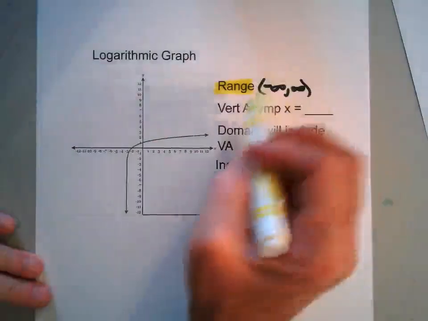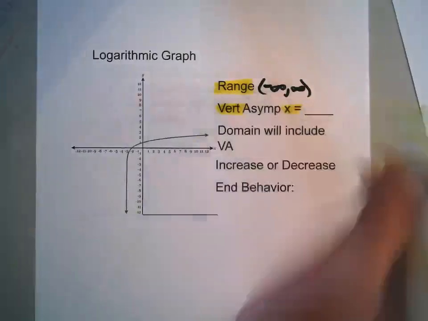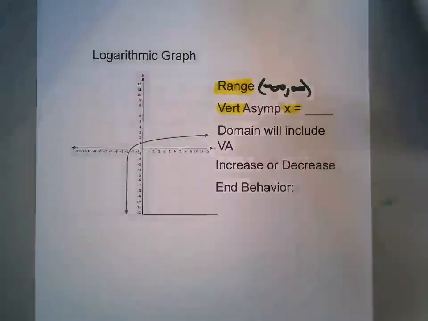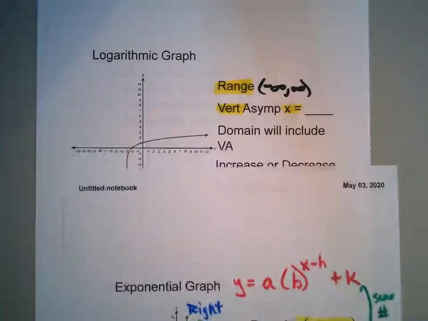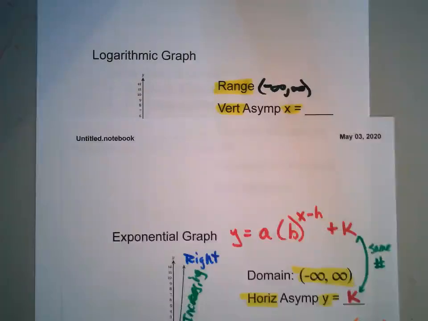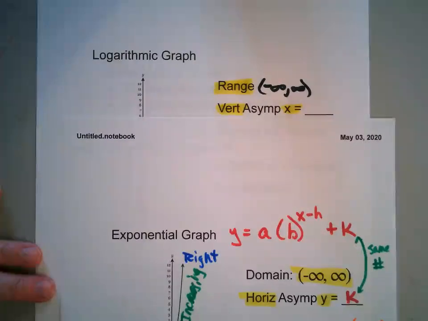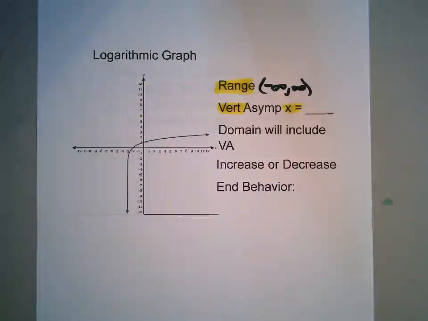With a logarithmic graph, you'll always have a vertical asymptote, and it'll be x equals. These things in yellow, whether it's for logarithmic or exponential, are the definites, the alwayses, when you're doing these types of functions. I'll show you how to tell the difference when we get to Delta Math.